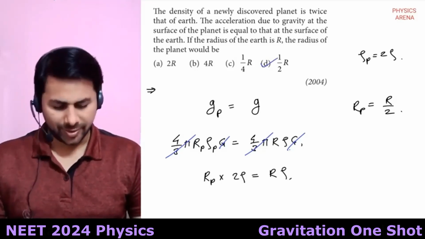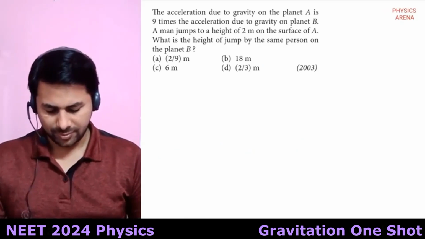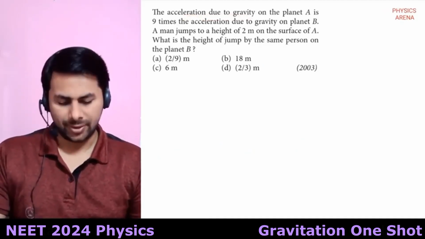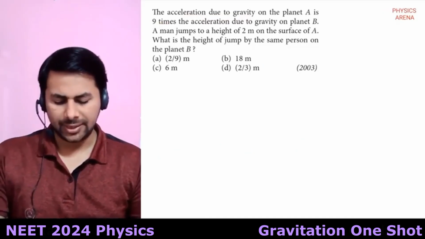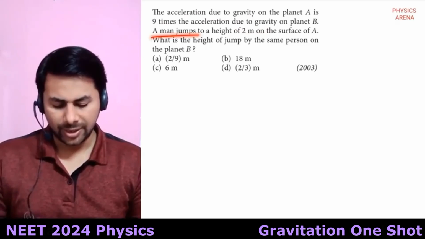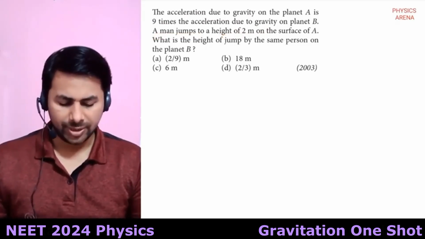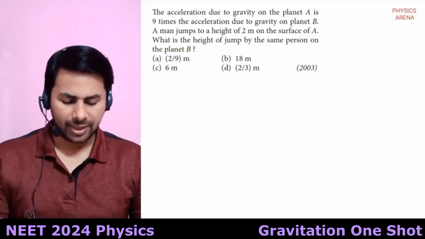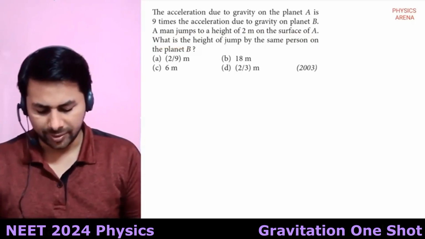Okay, so very simple. Next one: the acceleration due to gravity on planet A is 9 times the acceleration due to gravity on planet B. A man jumps to a height of 2 meters on the surface of A. What is the height of jump by the same person on planet B?